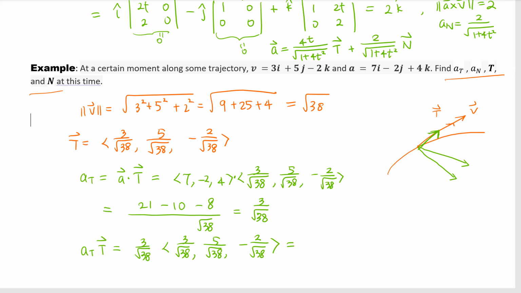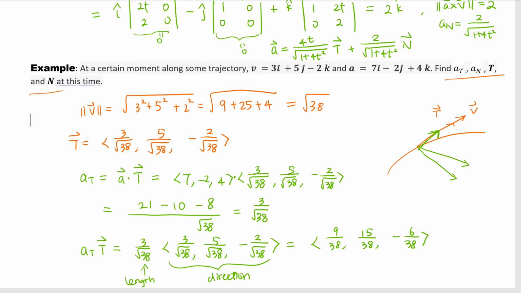Don't forget, this is the magnitude of the tangential component, and this is the direction of the tangential component. So this is the magnitude or length, this is the direction. So it's a vector. When we multiply, we get 9 over 38, 15 over 38, negative 6 over 38.